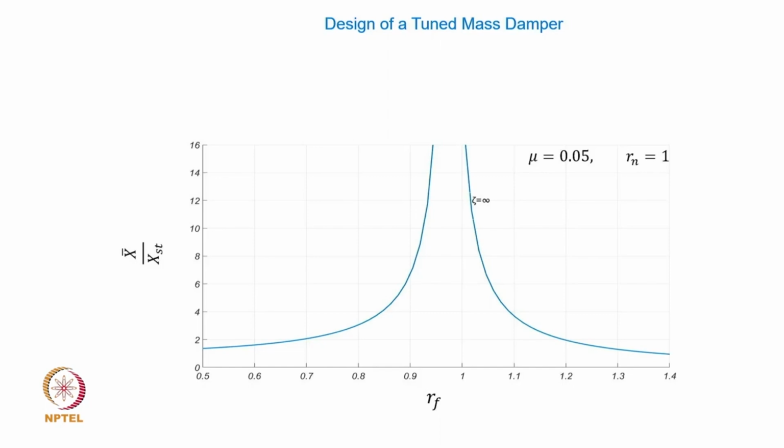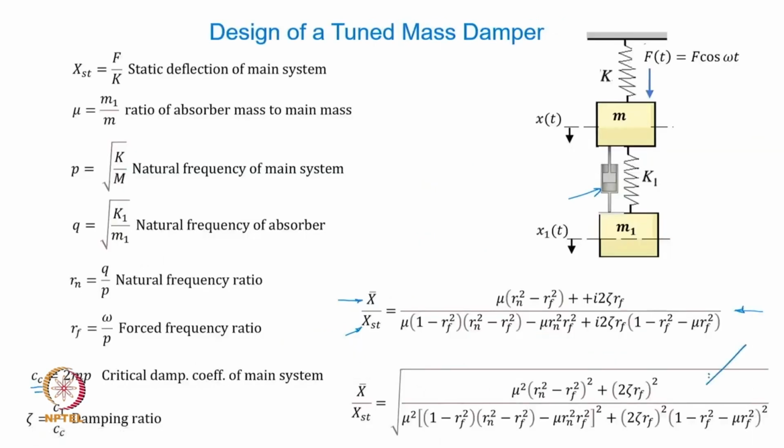What is done is a plot is made here for some assumed value of the mass ratio. We can't keep changing each and every parameter here, so we have fixed the value of the mass ratio to be 0.05, and of course we have also fixed the natural frequency ratio equal to 1, which actually means that P is equal to Q. And then when you change the value of Rf, this particular expression is plotted.